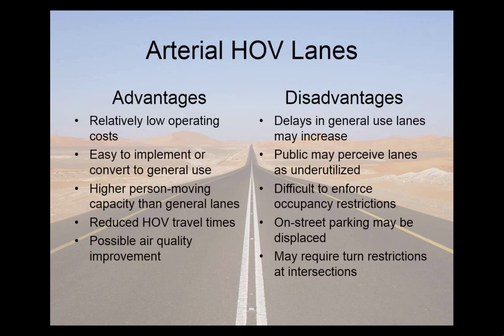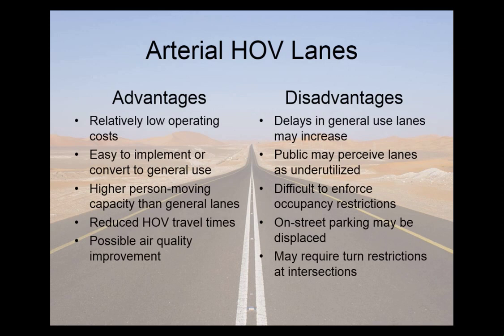A basic rundown of the various advantages and disadvantages of HOV lanes on arterials. Advantages are HOV lanes have relatively low operating costs. They're easy to implement or convert back to general use if they don't work out, since you don't have to add another lane for an HOV lane, but oftentimes new lanes are added just for the purposes of carrying HOV traffic.